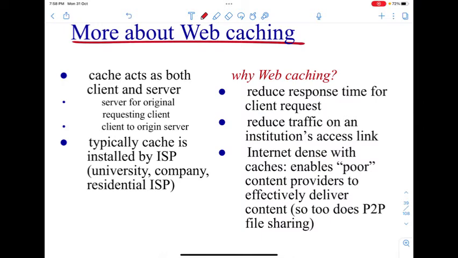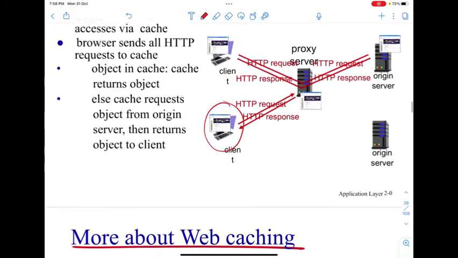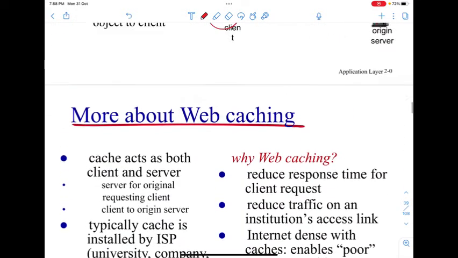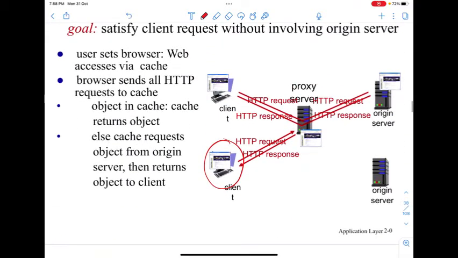Now, as an observation, we notice that the proxy server plays the role of both the client and server. When is it a server? If it has a copy of the object the client is requesting, it will respond. So it plays the role of a server. Also, it plays the role of a client.